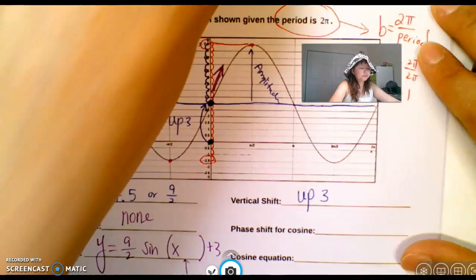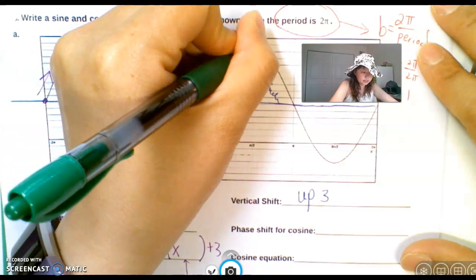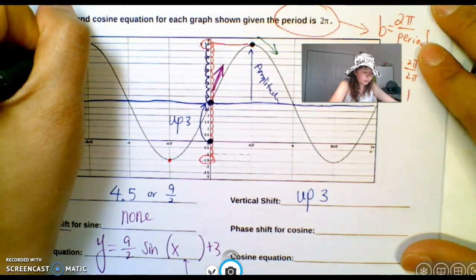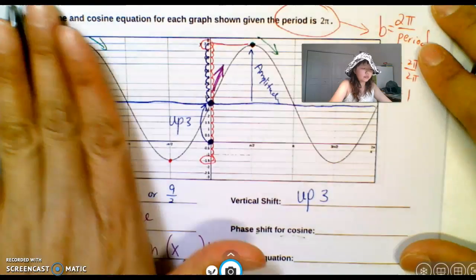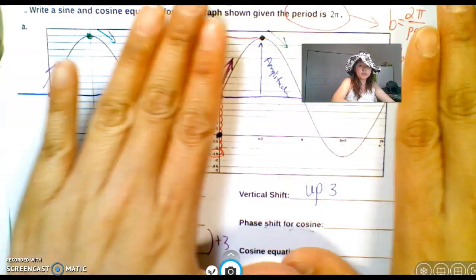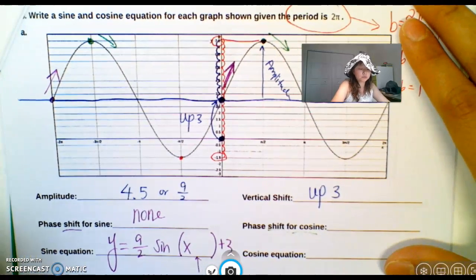For cosine, you have to find the tallest point, the maximum point, and then going down. Things move to the left or to the right. You don't have to write both, you just pick one.